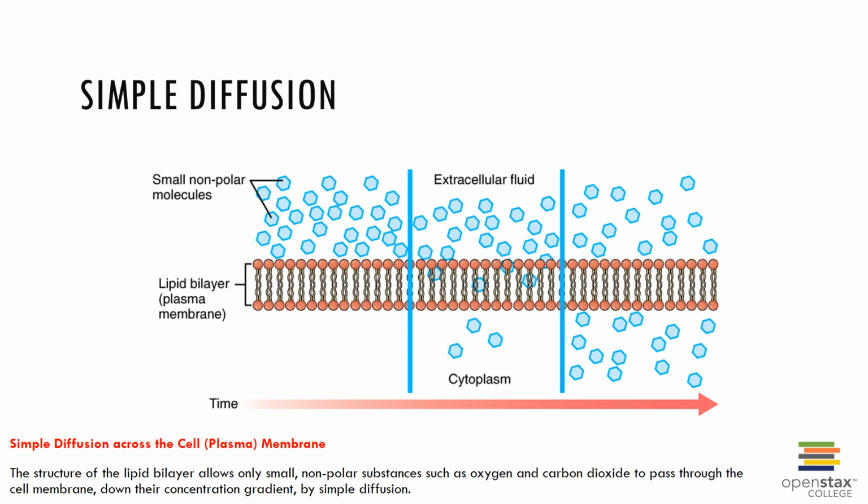And remember, water is generally our universal solvent. Simple diffusion might be an example of a fat-soluble molecule that goes directly through the phospholipid bilayer. Nonpolar, lipid-soluble, which are hydrophobic substances, diffuse directly through the phospholipid bilayer. And you can see they go from an area of high concentration to low concentration.